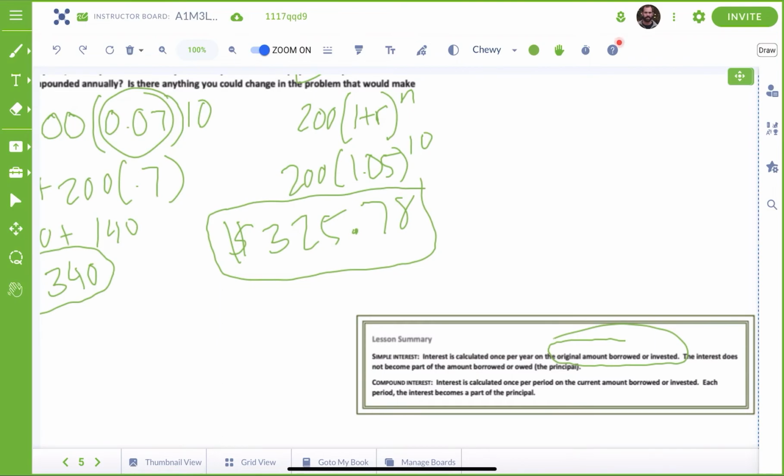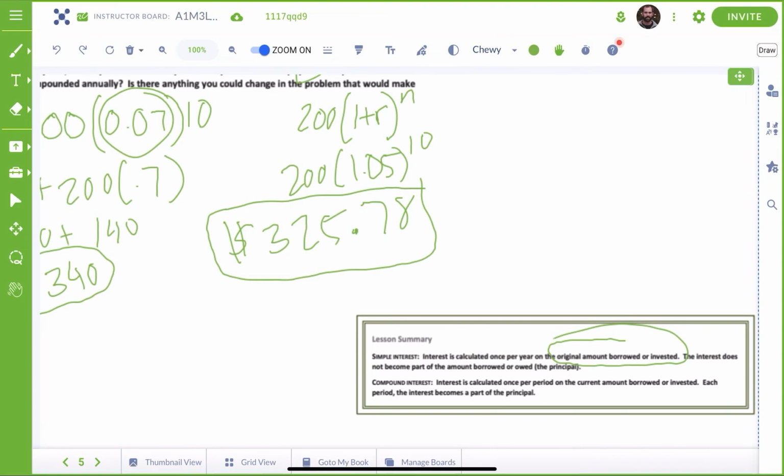The interest does not become part of the amount borrowed or owed. Okay, that's the principal. The amount borrowed or owed is the principal. But compound interest is calculated once per period on the current amount borrowed or invested. Each period, the interest becomes part of the principal.